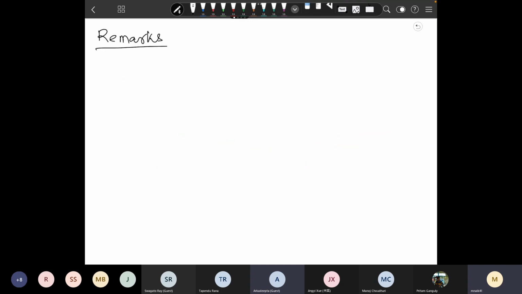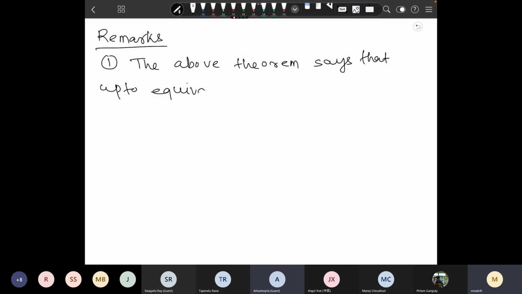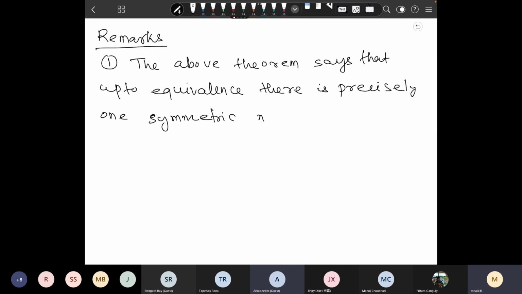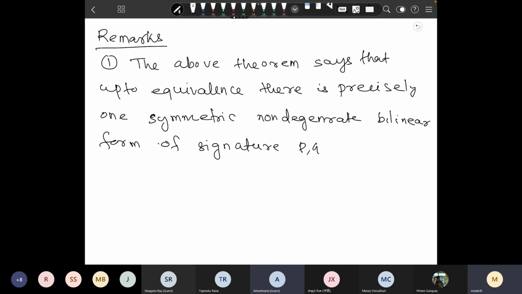First remark: the above theorem says that, up to equivalence, there is precisely one symmetric non-degenerate bilinear form of signature P, Q.